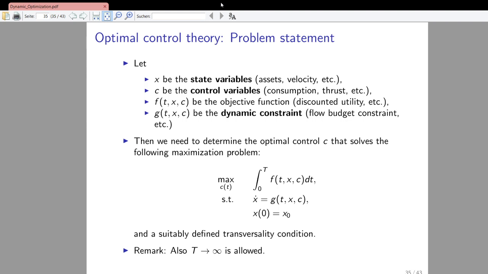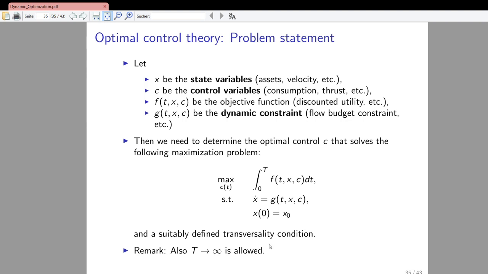Then we write down the problem statement where we maximize lifetime utility, or the objective function basically, from time 0 to uppercase T, subject to the dynamic constraint where the derivative of the state variable with respect to time is equal to the dynamic constraint g of t, x, c. And we have an initial condition for the state variable.